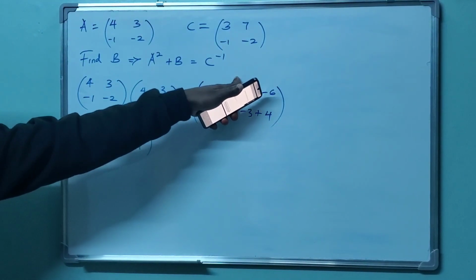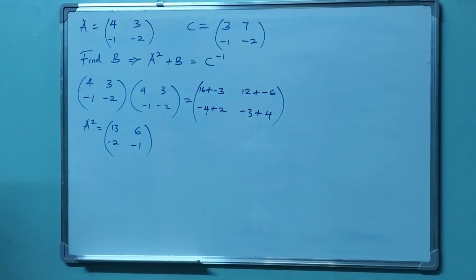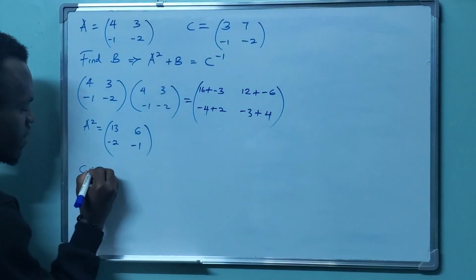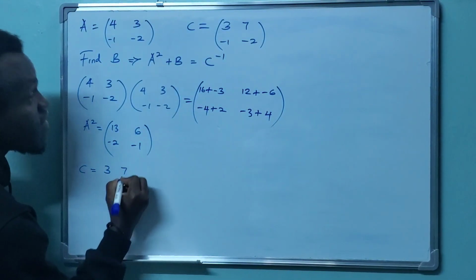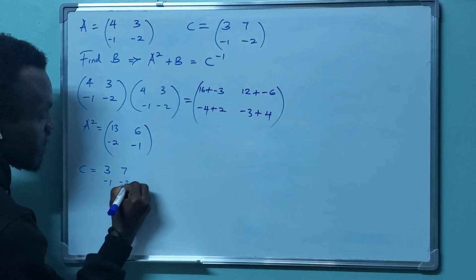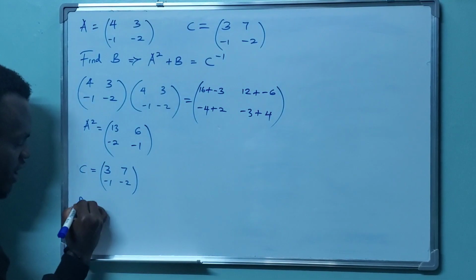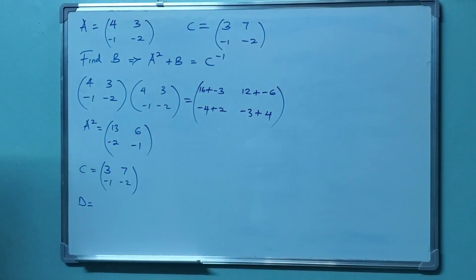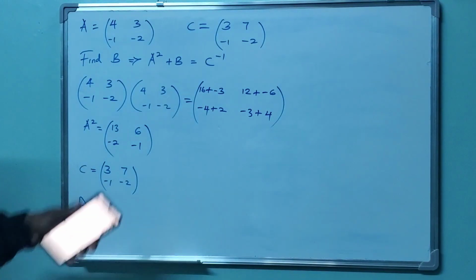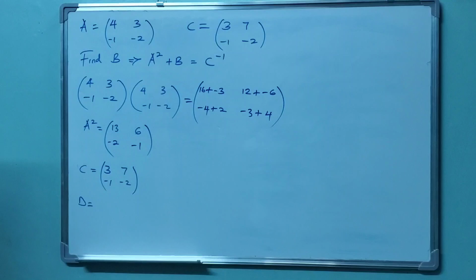Now we need to get the inverse of C. My C is equal to 3, 7, negative 1, negative 2. First of all, we are going to get the determinant. We take the product of the leading diagonal and subtract the product of the end diagonal.